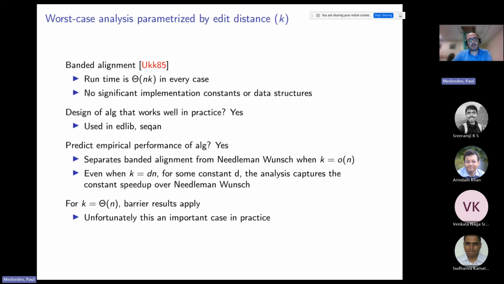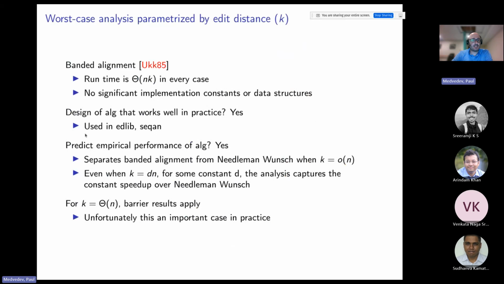Now, the nice thing about it is that there's not big implementation overhead in terms of data structures or anything like that. It's still a straightforward algorithm. There's no constants hidden behind this nk that would make it impractical. And as a result, it's used in practice.